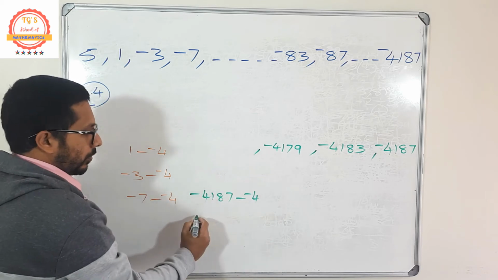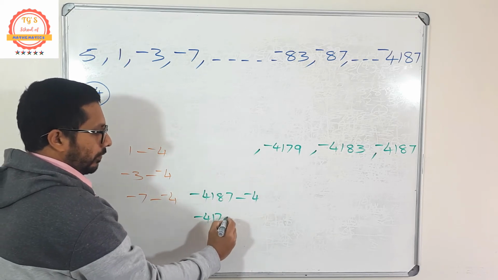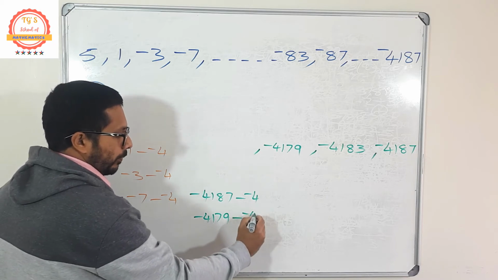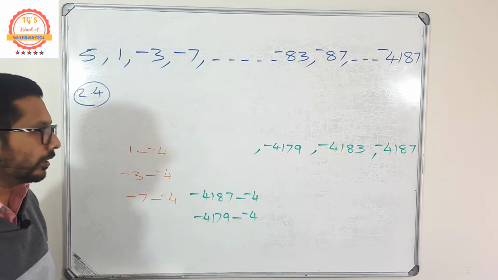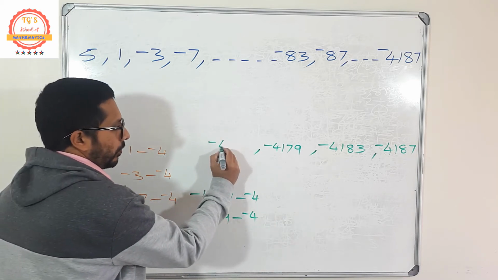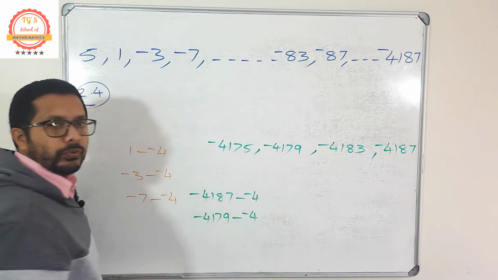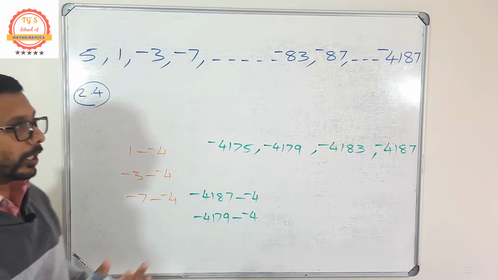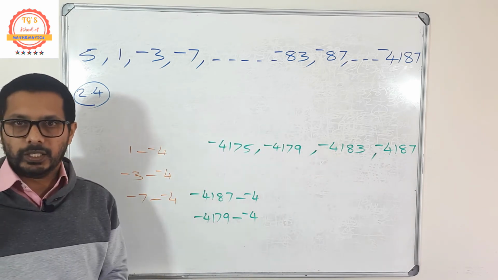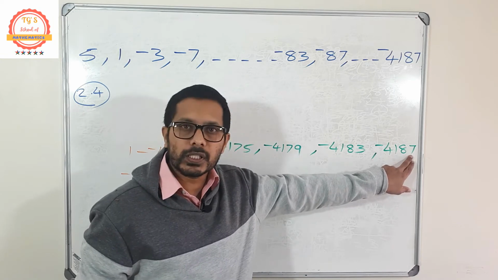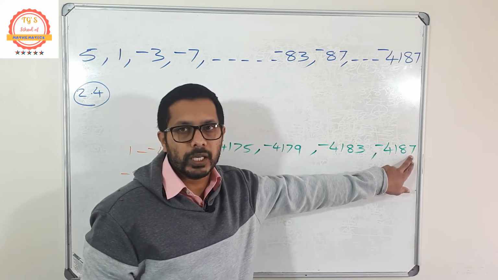This minus 4179 minus minus 4. Check in your calculator. What is the answer? Minus 4175. Okay. So I am writing from that side to here. Okay. So now look at this one. Here this last number ends with 7. So it is not divisible by 5.